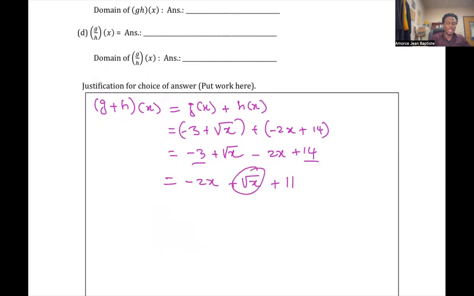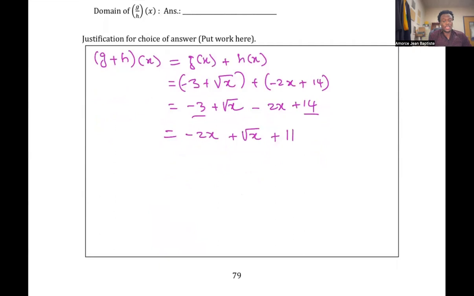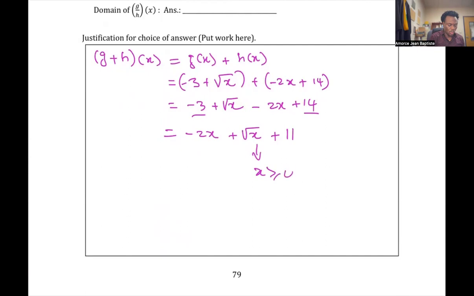The domain will be conditioned based on everything we have. We don't have a polynomial now, given that we have x inside of the radical, because we're not going to have this expression unless x is positive or equals 0. So this thing should be greater than or equal to 0, which will make the domain of g plus h of x, that's 0 here, include this.